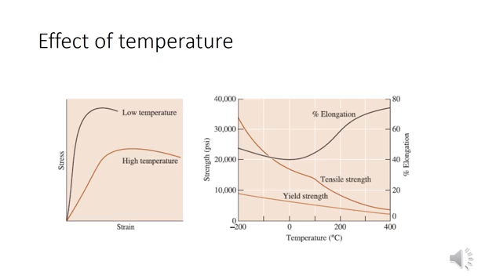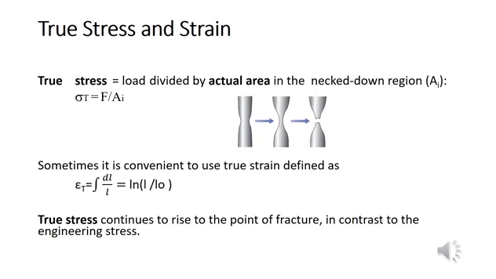May it be working our metals, we do it at high temperatures. May it be extruding plastic or any polymers, this is done at high temperatures because at those temperatures they are more ductile.